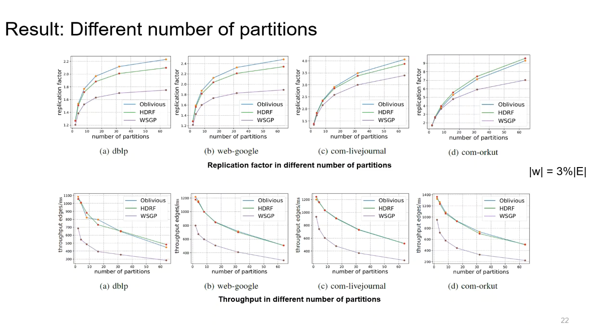In this scenario, we vary the number of partitions. Firstly, the window size is set to 3% of the total number of edges. It's a very small window.